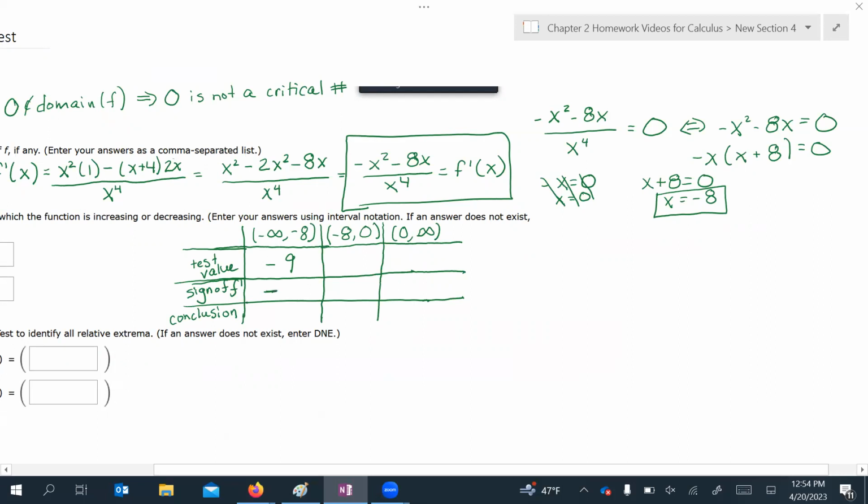So my sign is going to be negative, and my conclusion is that it's decreasing since f prime is negative for that interval.